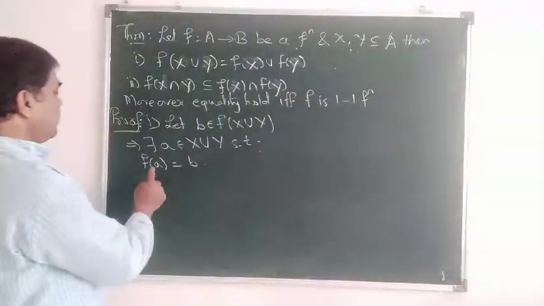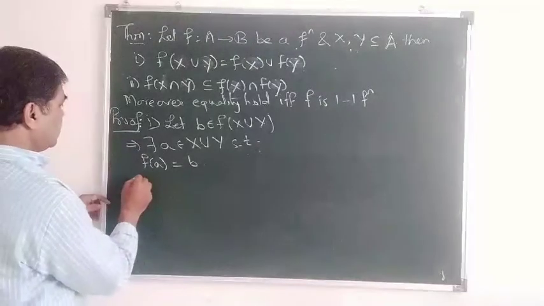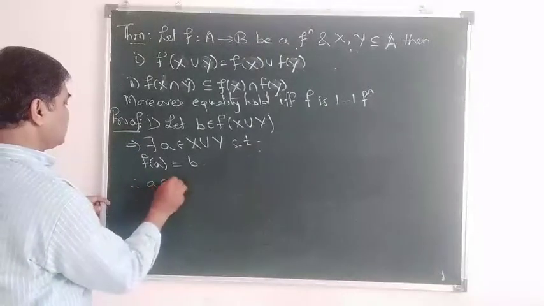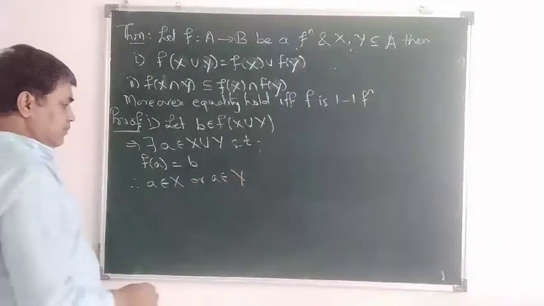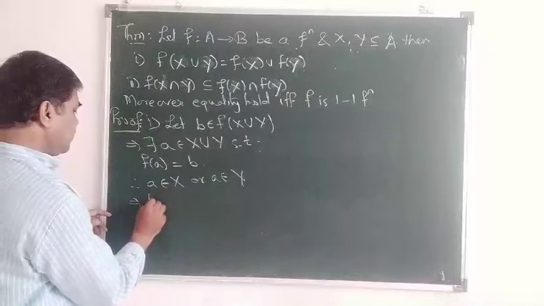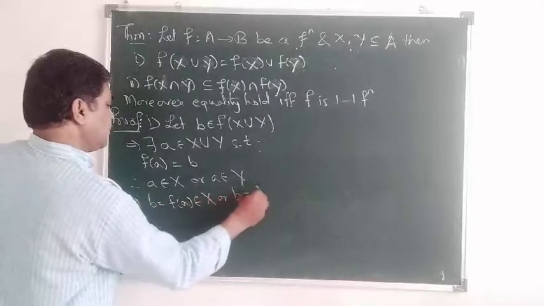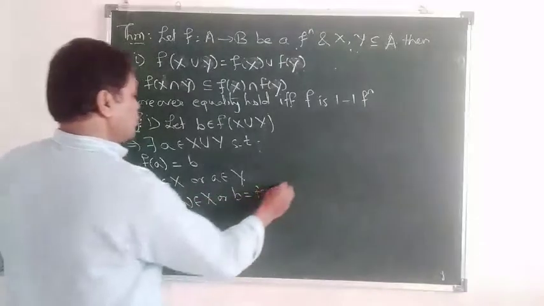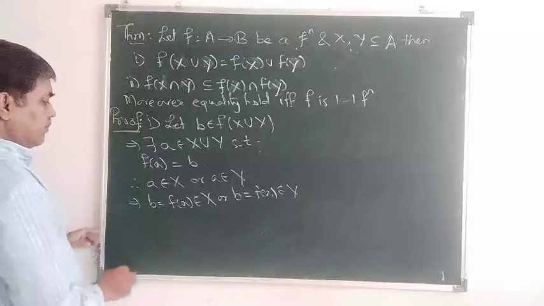Okay, F of A is equal to B. Therefore, A belongs to X or A belongs to Y implies B equal to F of A belongs to F of X or B equal to F of A belongs to F of Y. Is it clear?